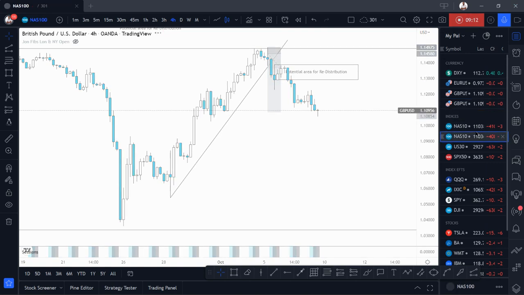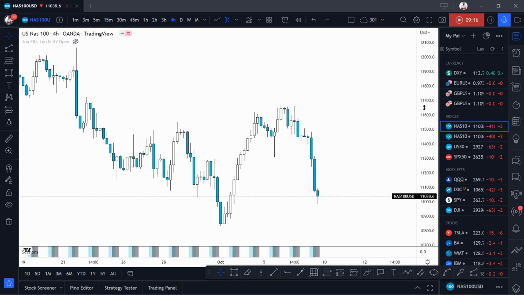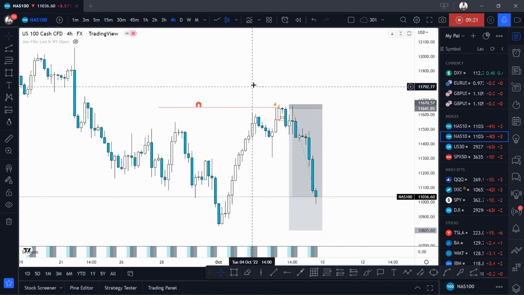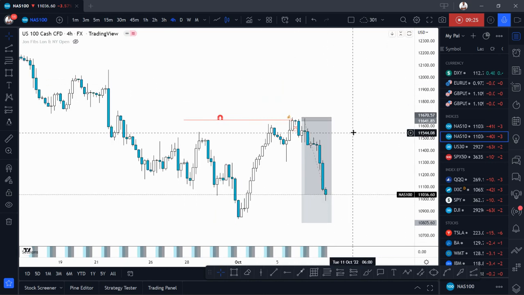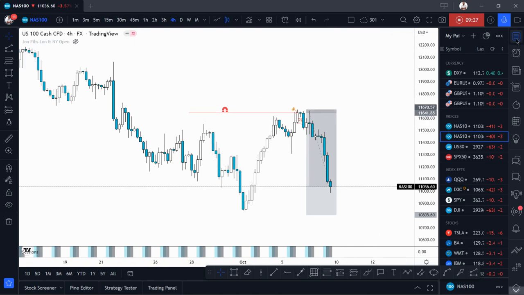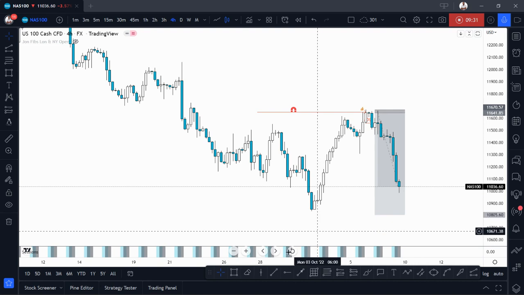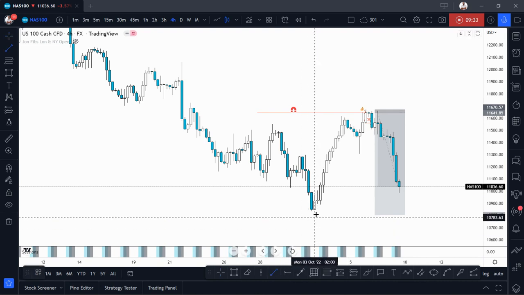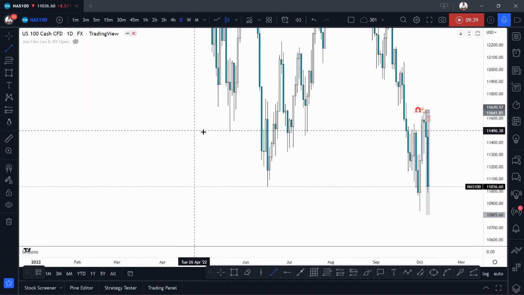Okay, now indices, say Nasdaq. Now for Nasdaq, I feel this guy will continue pushing down. I do feel it's going to continue pushing down to capture these lows here. Let's capture those lows. But first, trying to identify something.